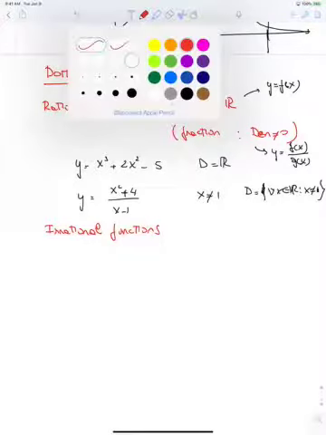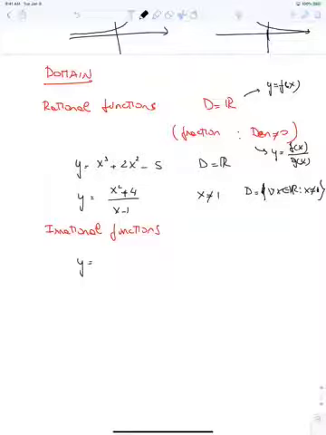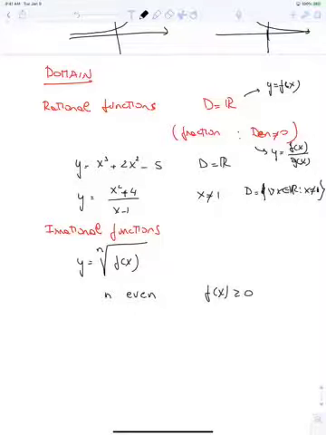Because if you have y equal the nth root of f of x, if n is even, then we have to impose that f of x is greater than or equal to 0. If n is odd, then it can be whatever you want. So the domain is the set of real numbers.